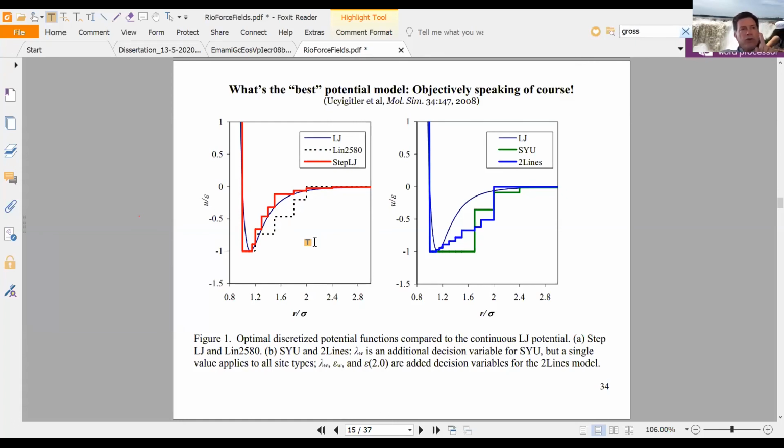But I can make it even fewer than that, because if I interpolate linearly for 2 of the wells, then the only parameters I have are the outer well depth, the inner well depth, and sigma. So I have 3 parameters to specify 1 force field, instead of 2, which is what you have, sigma and epsilon for the Lennard-Jones force field.